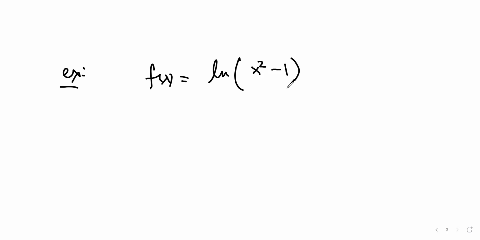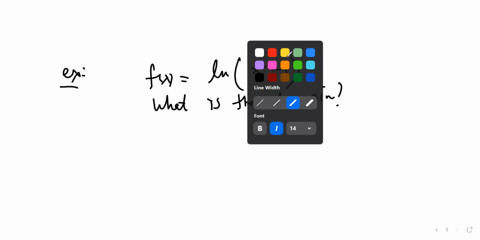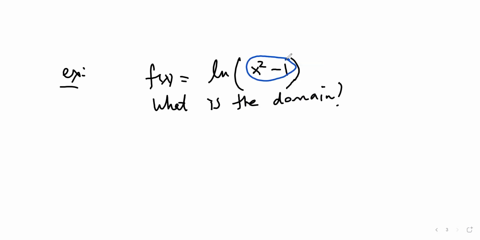This time, I'm going to choose a quadratic input. So what is the domain of this function? Again, I'm going to take this input right here and make it strictly bigger than 0. So x squared minus 1 is bigger than 0.